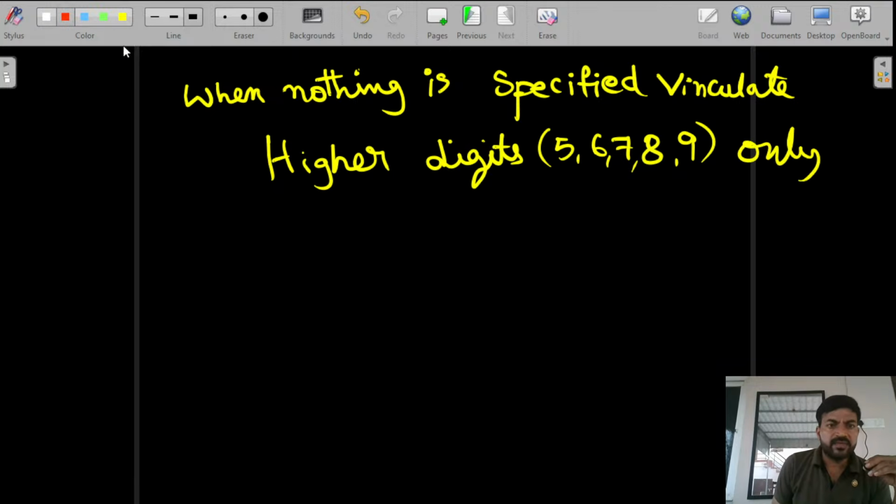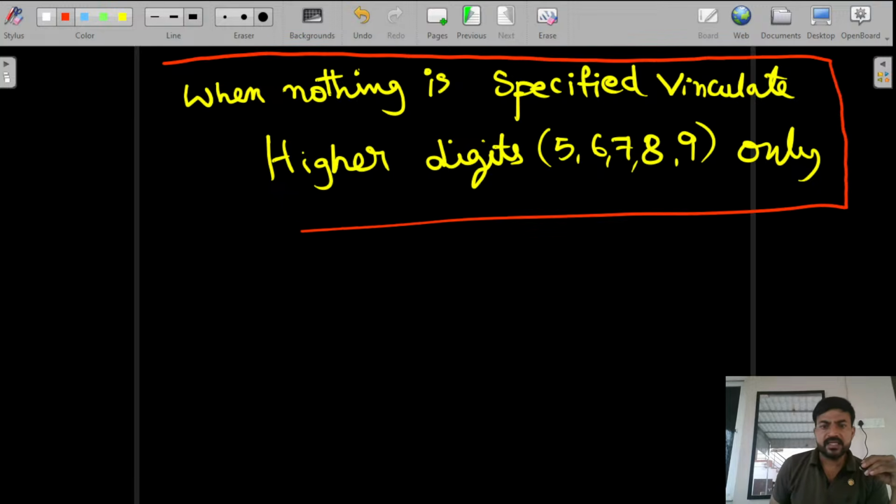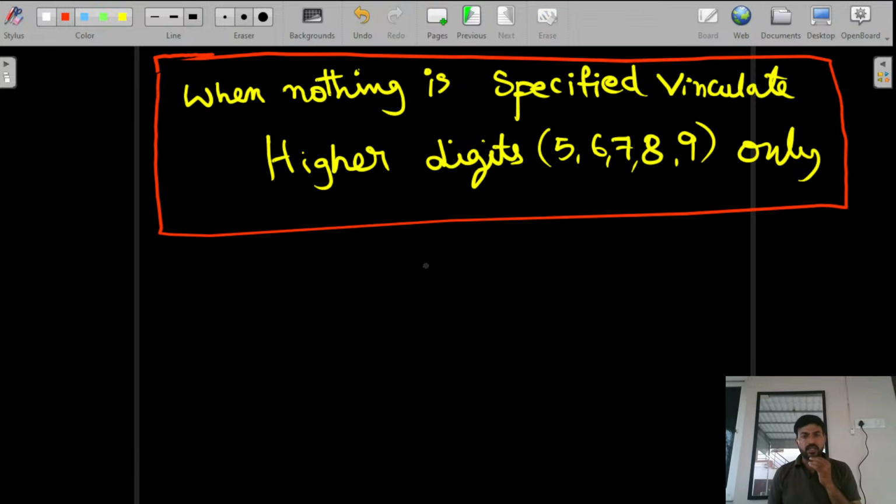Remember, this is very important. Till now we have seen 3 cases with specification, but when nothing is specified, remember, vinculate higher digits only. Is it clear? Note it down. When nothing is specified, vinculate higher digits only.